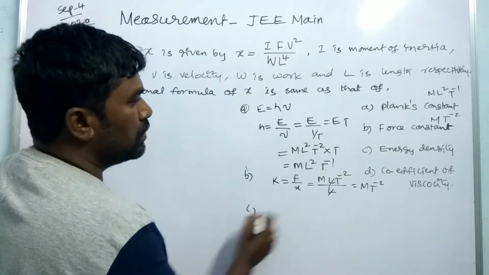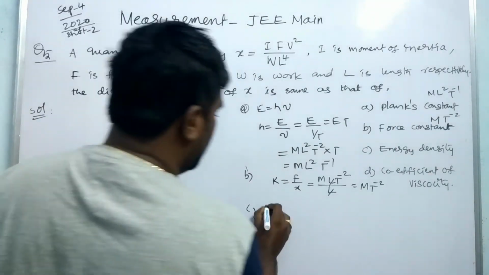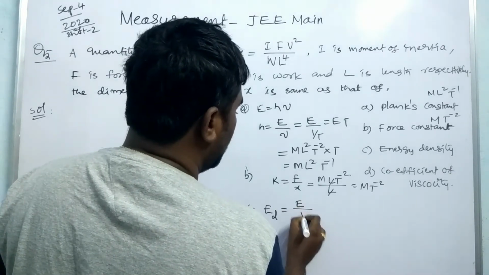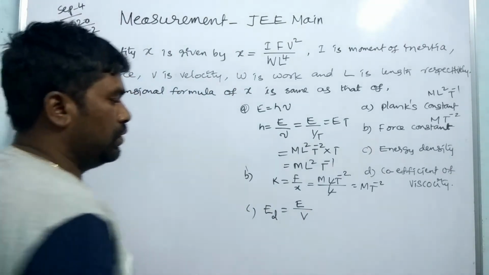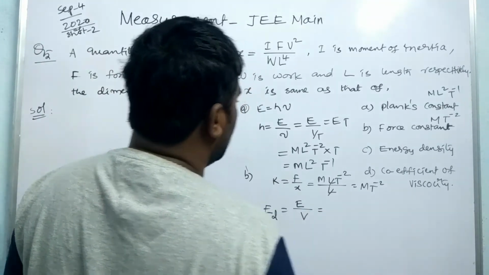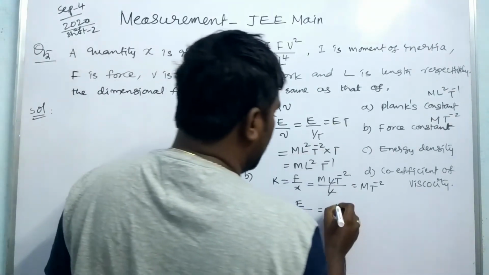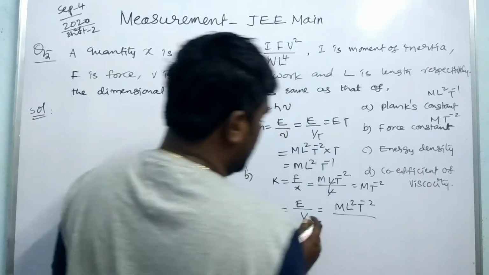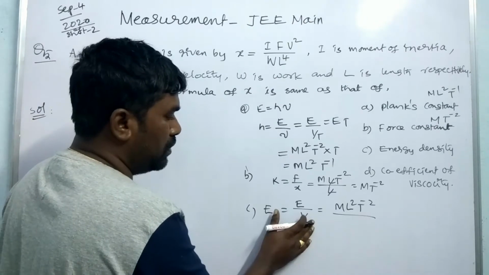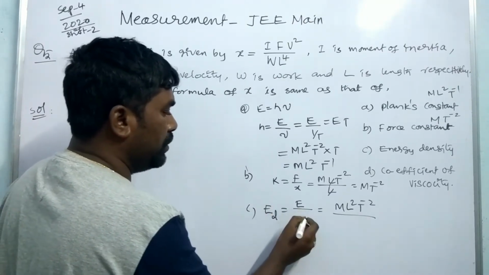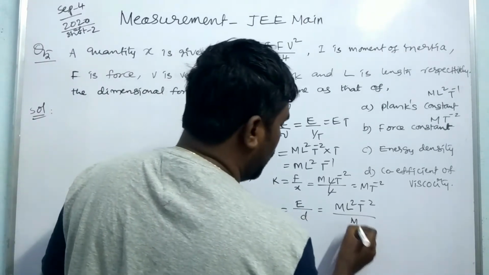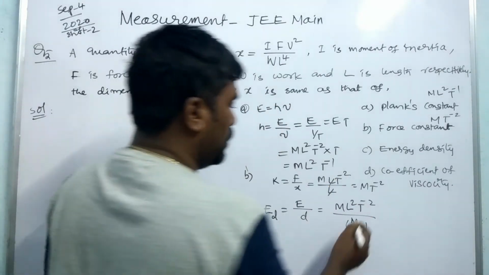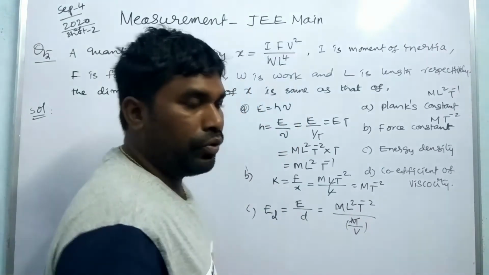And coming to the energy density. Energy density is equal to energy per volume. Energy, as already read, is M L2 T minus 2, divided by volume, which is L cube.